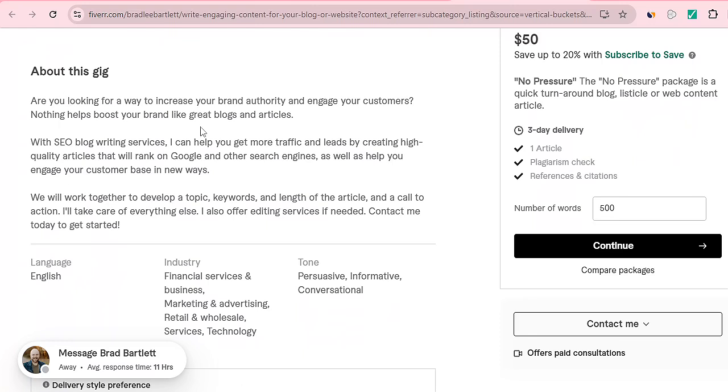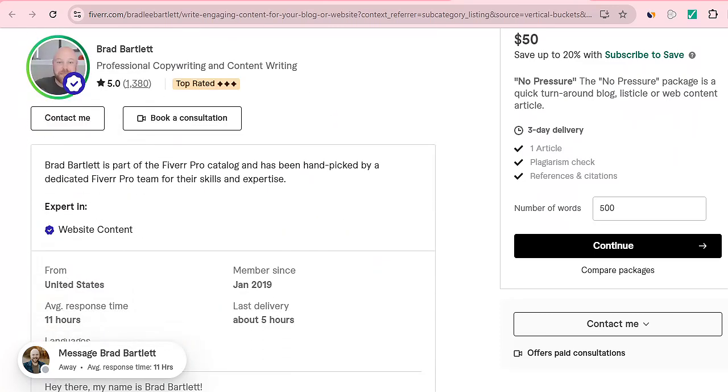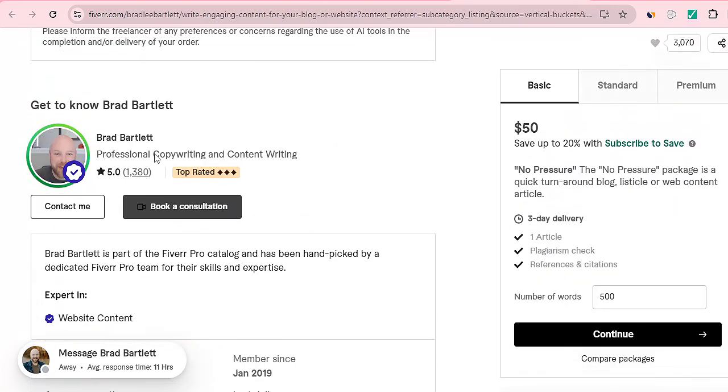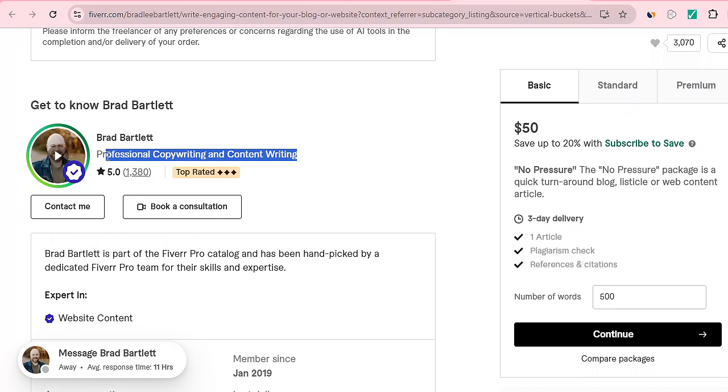So you can see the gig actually resonates with what he normally does, right? So if you proceed by scrolling down, you can see his profile. He talks about professional copywriting and content writing. So this is actually the main domain, professional copywriting and content writing, which is very important.